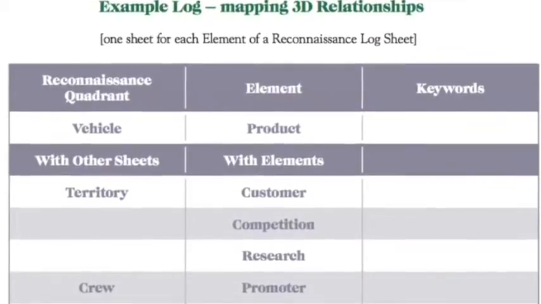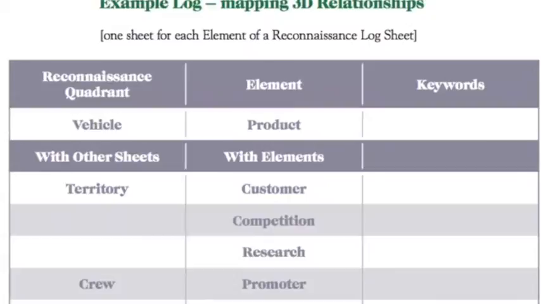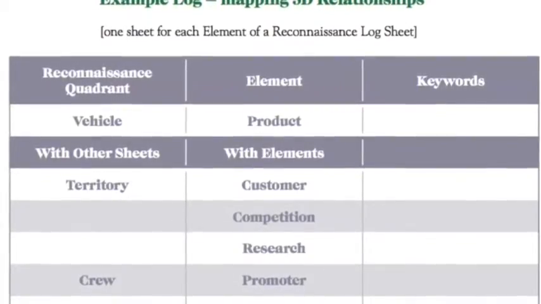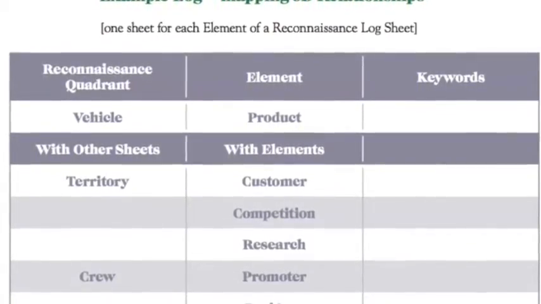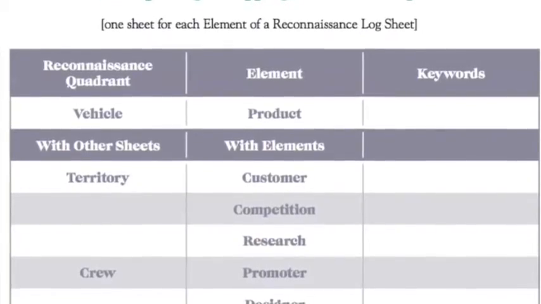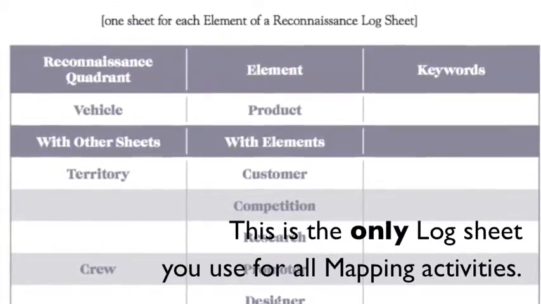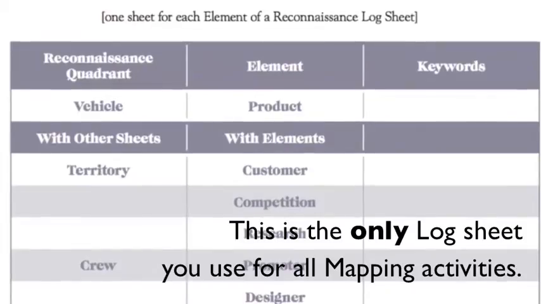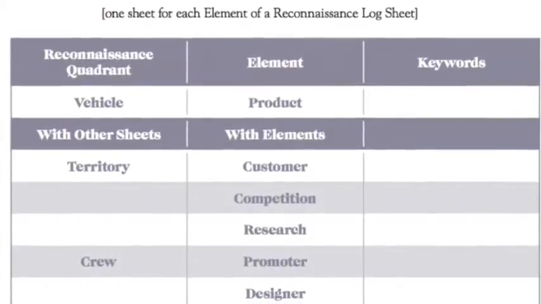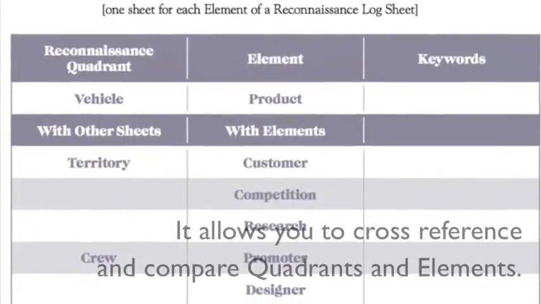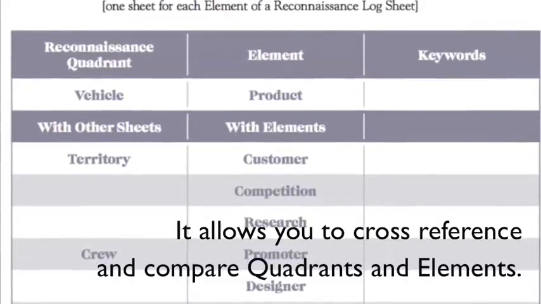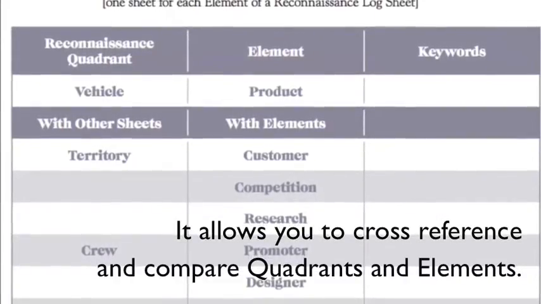So here's our example log. Follow through how we do this, and the log for every mapping task is exactly the same, so it's worth taking a few minutes to understand it. This is the only log sheet that you'll be using, and it's used for every single relationship that you identify.